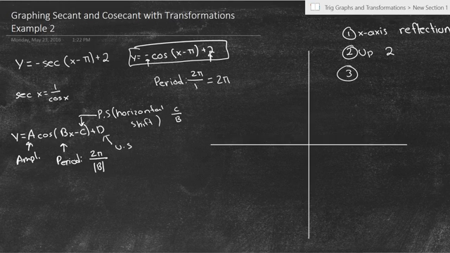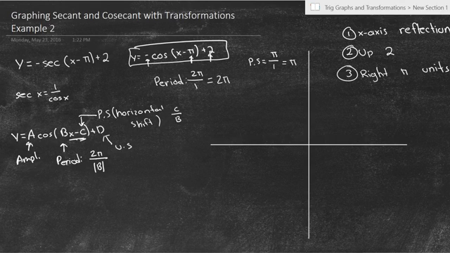Nothing changed there. Then finally, our phase shift, we said that's c over b, and c is just going to be pi here, because the formula calls for bx minus c, so minus pi. So c is just pi. Pi over 1, so it's just pi. So then we went to the right pi units. And after we do all that, we'll be able to graph our function.